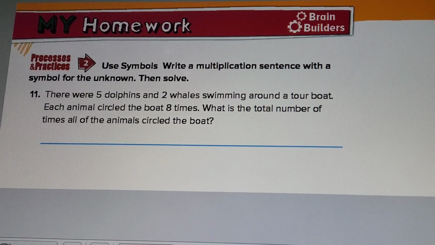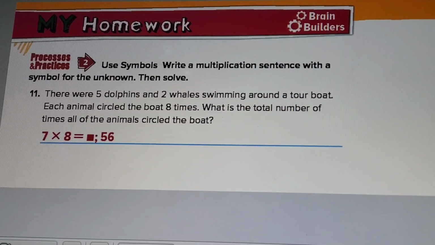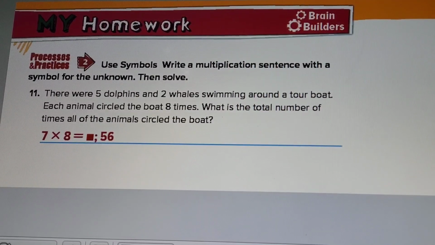Well, what is the total number of animals that you have? 5 dolphins and 2 whales. So 5 plus 2, you have 7 animals times 8 equals the unknown. 7 times 8 equals unknown, which equals 56 times they circled the boat.